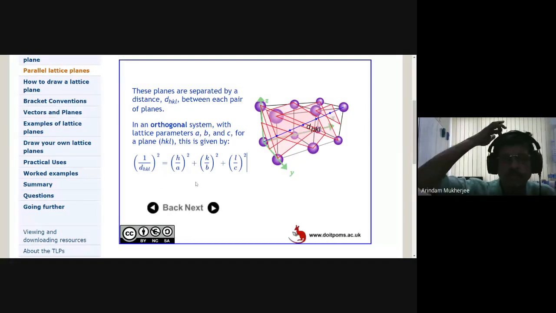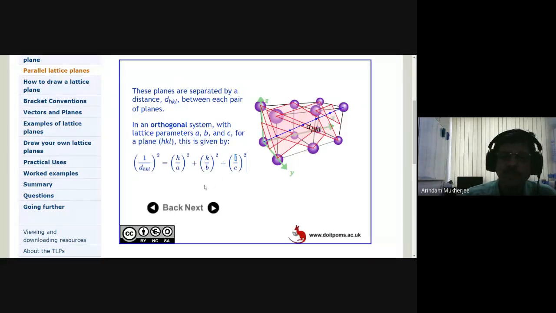Distance between planes, when you find it, this is the kind of equation that you use, and here you use the indices versus the intercepts, or the axis lengths rather. The intercepts are the axis lengths. So now you have HKL, which is the Miller indices, and these are the axis lengths. So that is what you used.